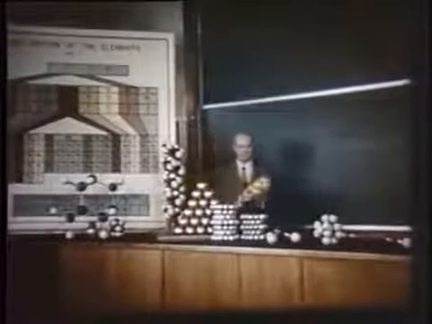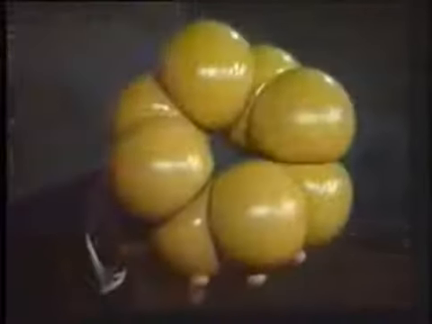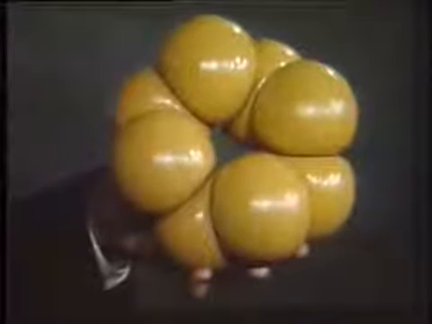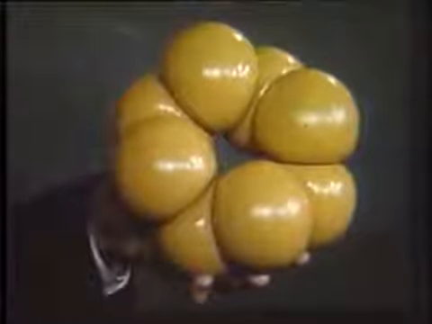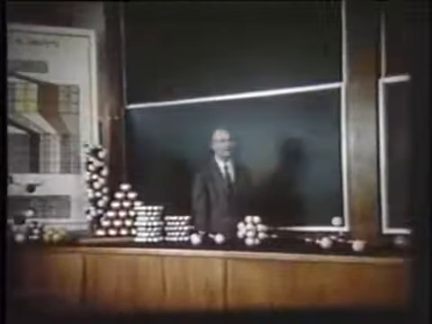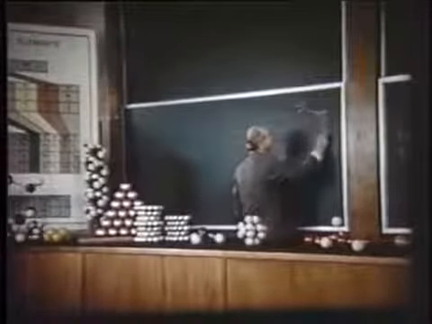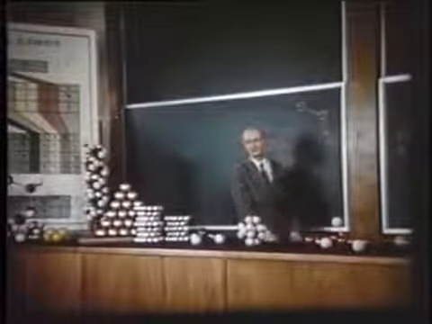Now, let me mention two or three aspects of covalence. I have here a model of sulfur, the sulfur molecule S8, as it appears in ordinary rhombic sulfur. It fits very well with the general theory of valence that we have discussed.